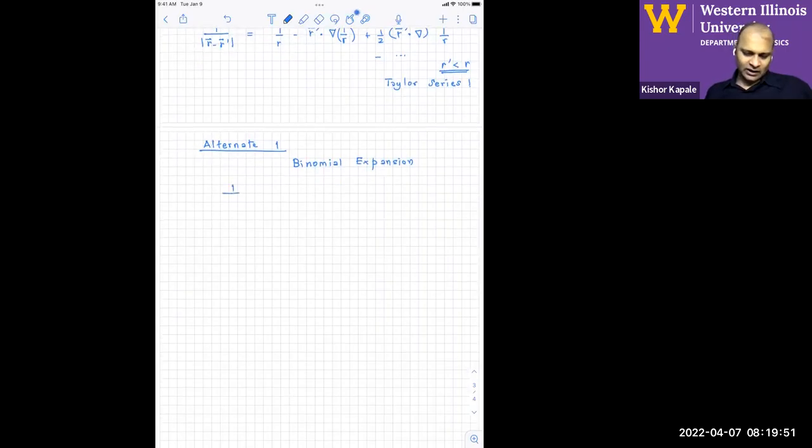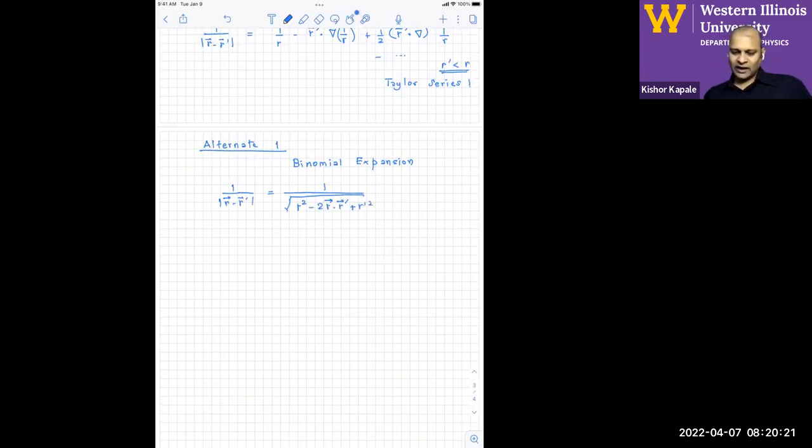We just take the same quantity, r minus r prime, and look at it as 1 over distance. You write it down using the Pythagoras theorem, essentially, which is going to be the square root of r squared minus 2r dotted with r prime plus r prime squared.